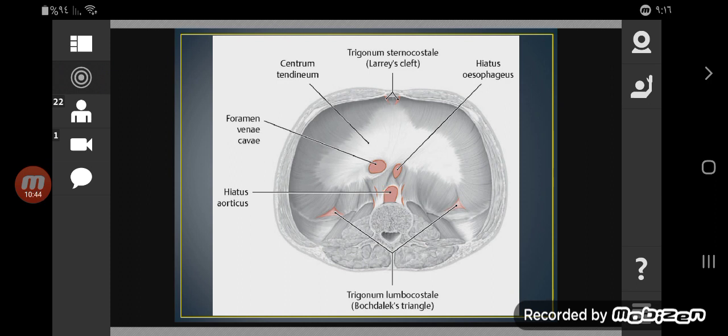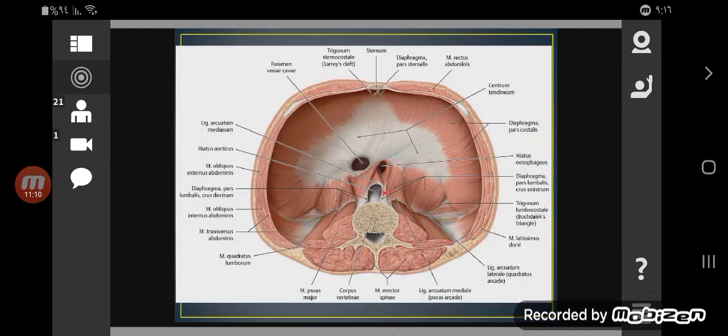Please keep in mind, the thoracic aorta and abdominal aorta together are considered the descending aorta, thoracic part and abdominal part. In this picture, you can see the aortic orifice, the foramen for the inferior vena cava, and the foramen or hiatus for the esophagus.